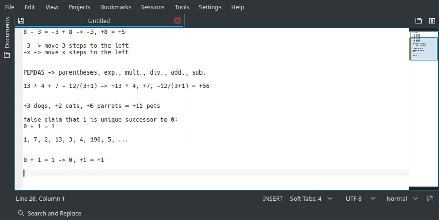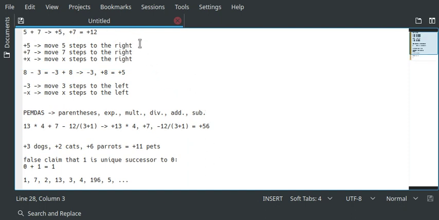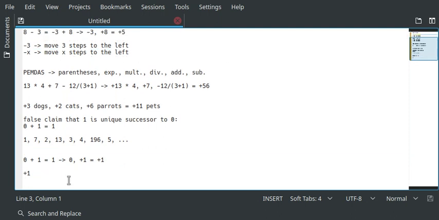Well, what does positive 1 mean, right? Recall up here, positive 1 means we move one step to the right. What does 0 mean? It defines your current position.